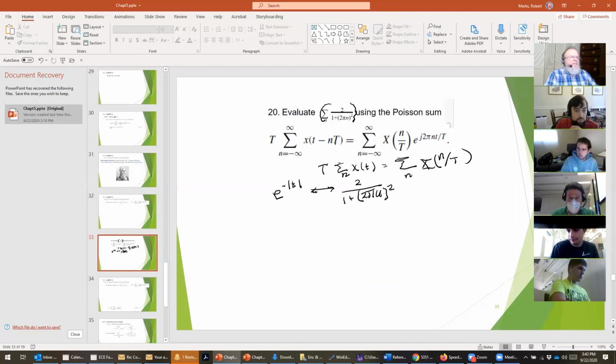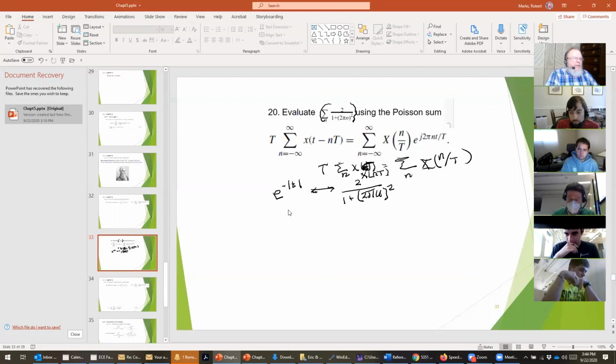I'm sorry, I should have set, yes, this is the way it should be: x of nt. So yeah, I set little t equal to 0. Does that clear it up? I'm sorry I made that mistake.